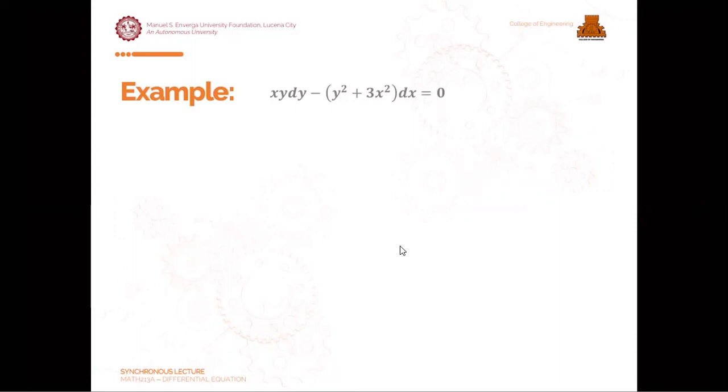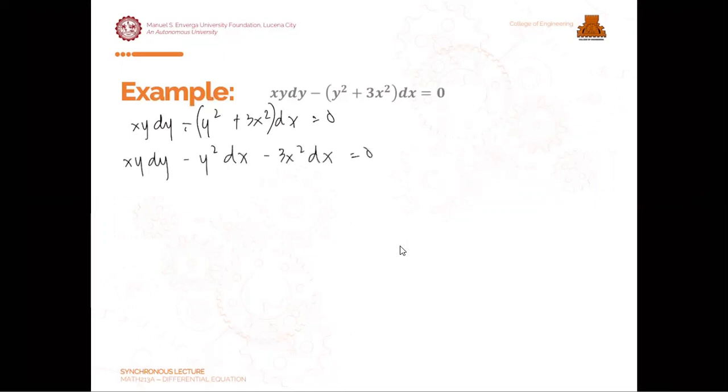So, write the equation: xy dy minus (y squared plus 3x squared) dx is equal to 0. So, distribute: xy dy minus y squared dx minus 3x squared dx is equal to 0. Okay?